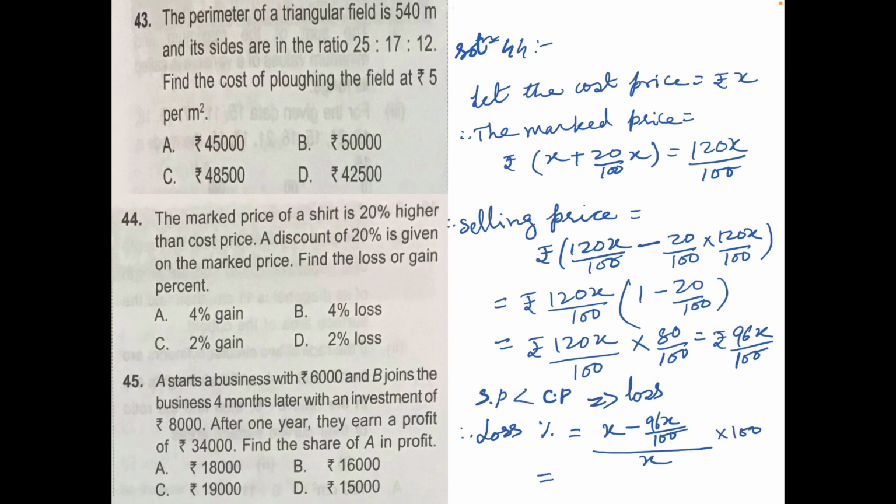So if you simplify it, if I take out the LCM here, 100x minus 96x, so it will be 4x by 100x into 100, right? 100 cancelled, X cancelled, so what is remaining is 4%. So answer is B, 4%.